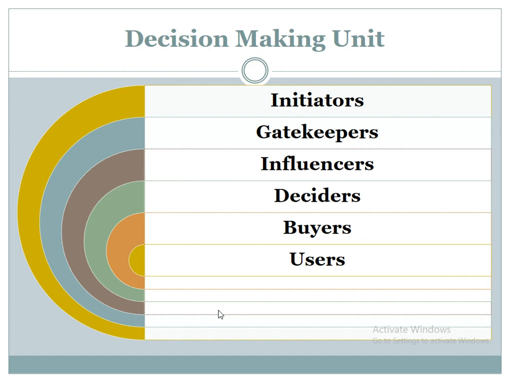Now the next role is the role of gatekeepers. The gatekeepers are those individuals who control or filter the flow of information regarding the products and services to the members of the buying center. In the same example, the floor manager will be the gatekeeper. He may carry forward that idea to the top management, or he may filter out that idea, or drop it at that instant.